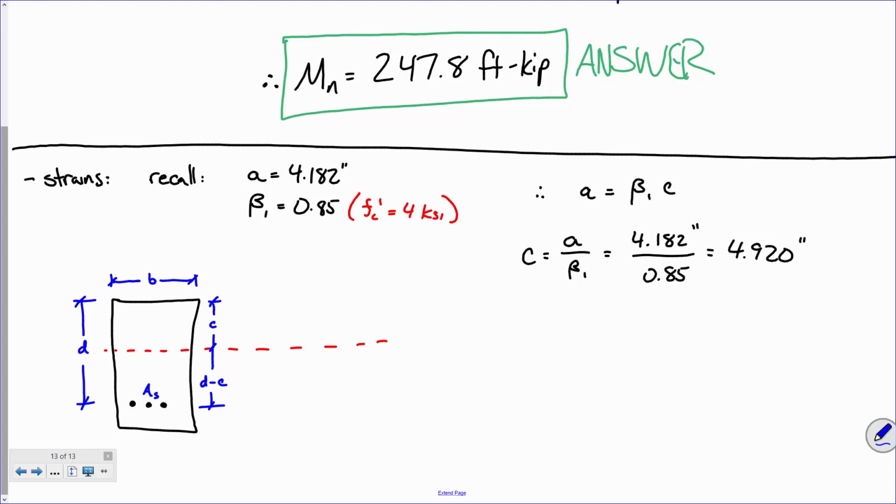Now, what does the strain profile look like? That's what we're talking about now. We're talking about the strains. Now, the stress profile, we know we have this rectangular block up here and so on and so forth. But remember, plane sections remain plane, and we assume a linear strain profile. So it looks something like this.